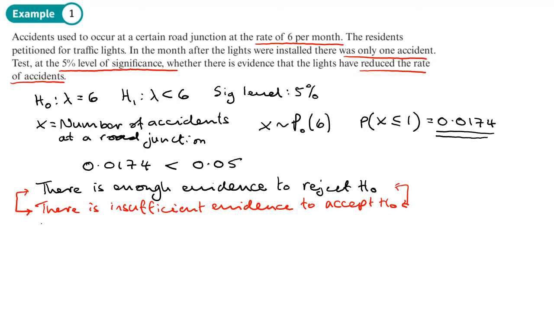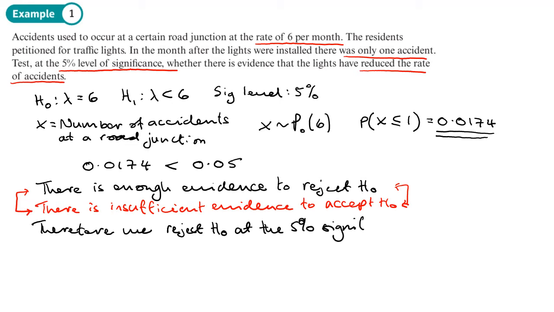And you say something like, therefore, we reject H0 at the 5% significance level. That's the level that we decided to test our probability at.